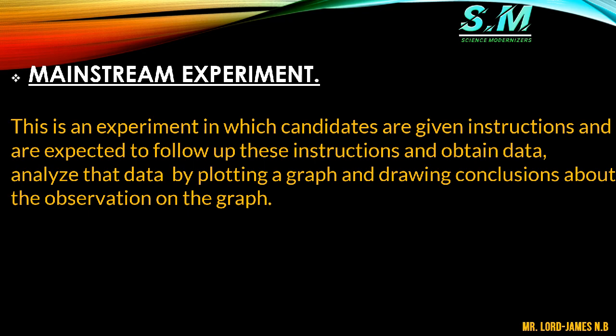So procedures are always given, and procedures are not required from the students since they're already given. All we need to do is to simply follow the steps given to us in order to derive what is being asked in the question.